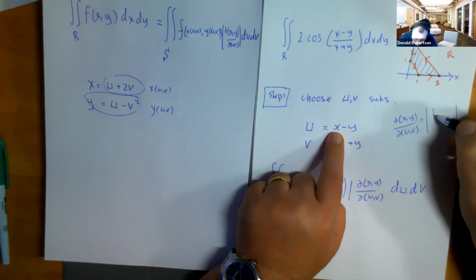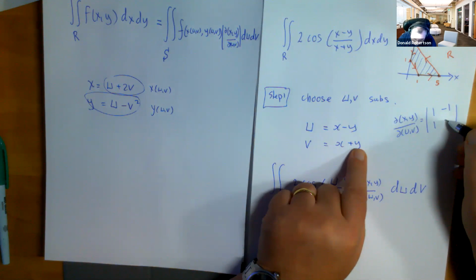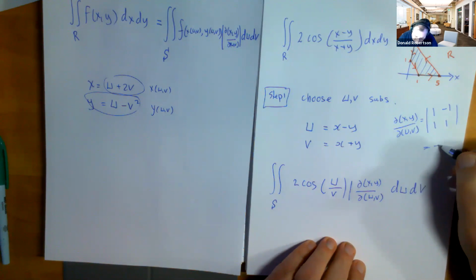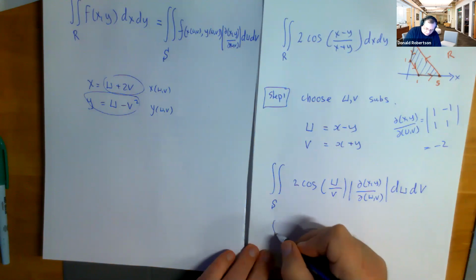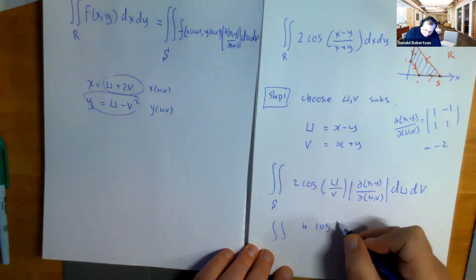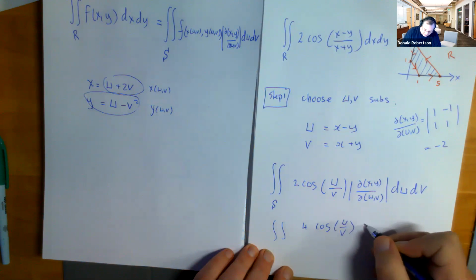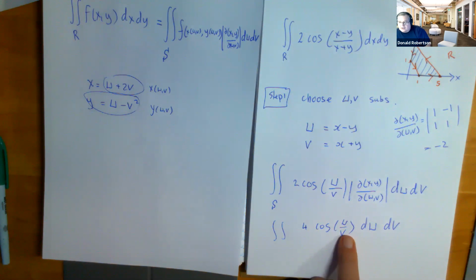Differentiate that with x, differentiate that with y, differentiate this with x, differentiate that with y, and the answer you get is -2. So won't this be 2? So you're going to do 2 times 2, 4 times this fella, du dv. I know that's not pretty, but would you agree that that is at least doable?